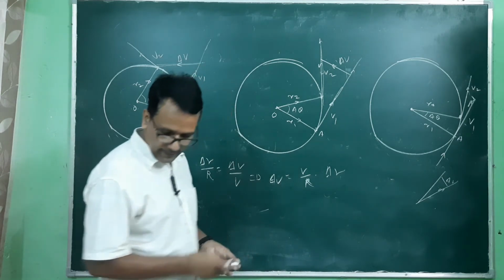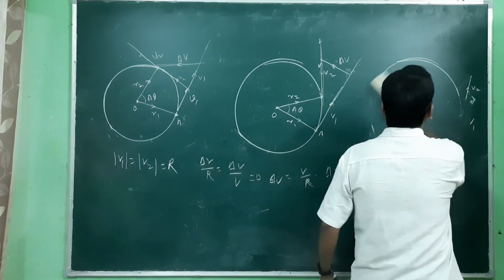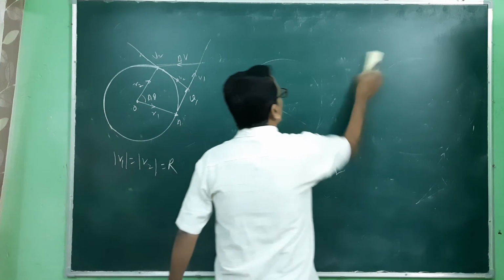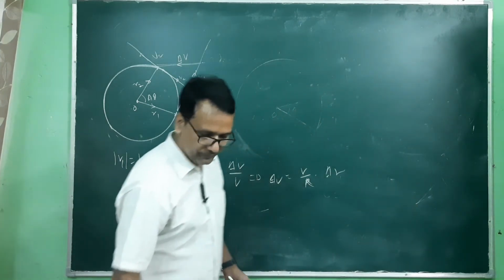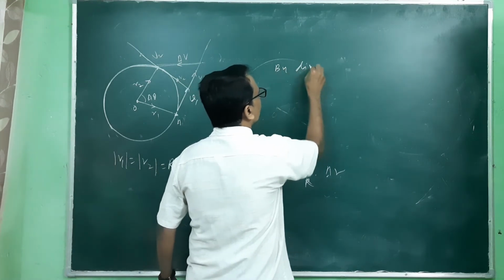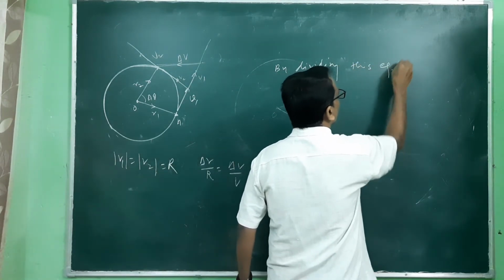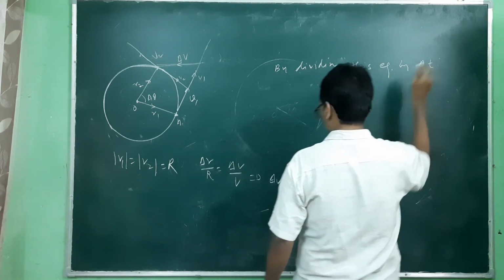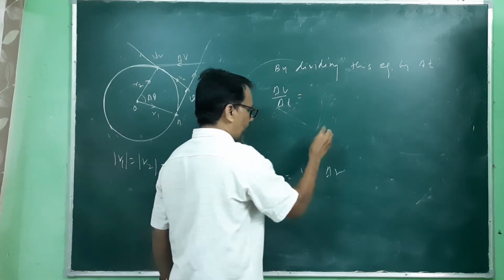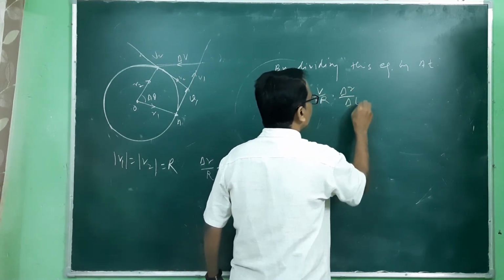So by dividing this equation by delta t, what we will have, this delta V by delta t, that is equal to V by R delta R by delta t.